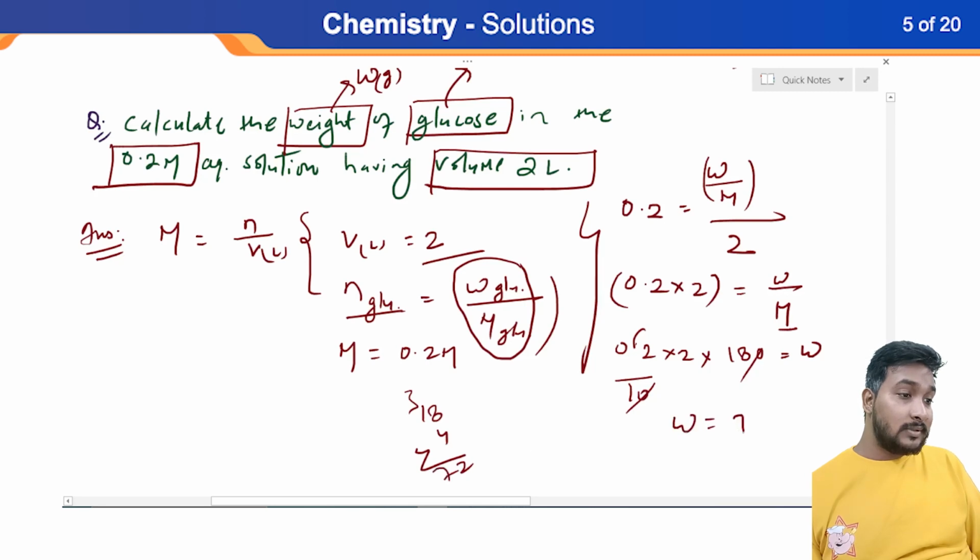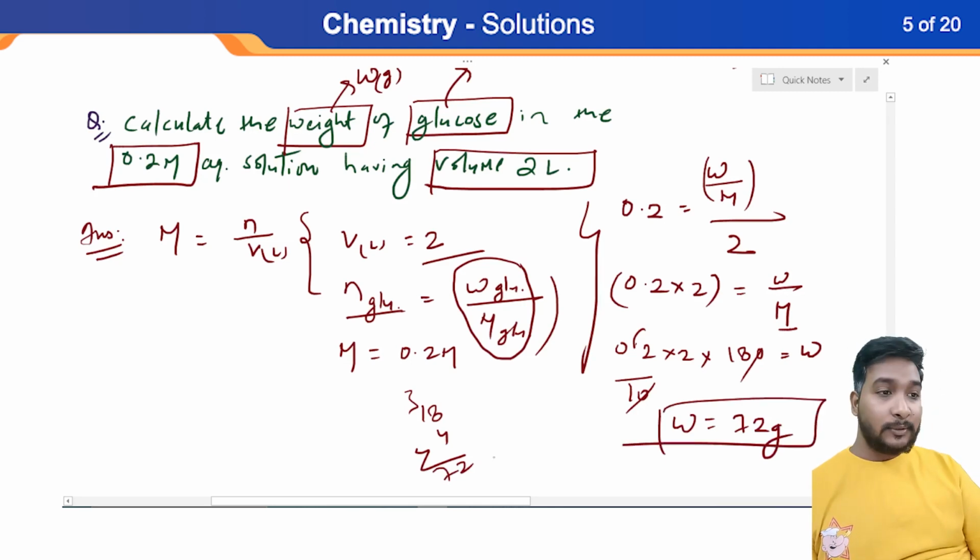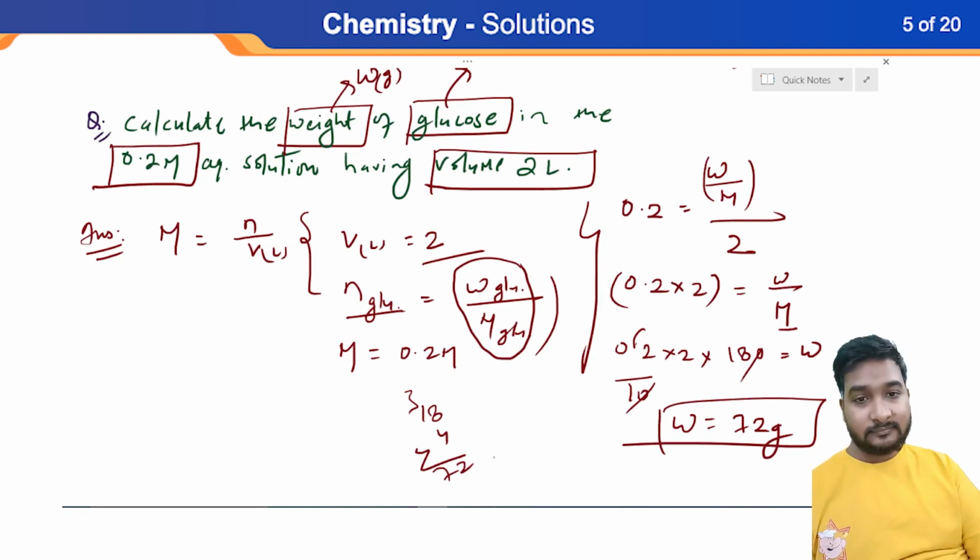W should be equal to 72 grams. So I hope your answer and my answer are the same, because the method of solving this question is like this, as you can see on your screens.